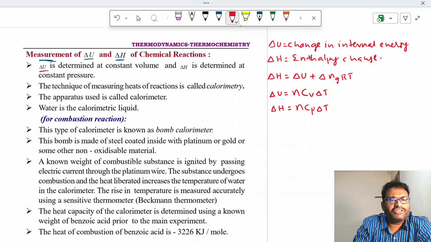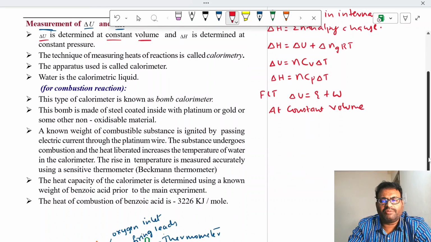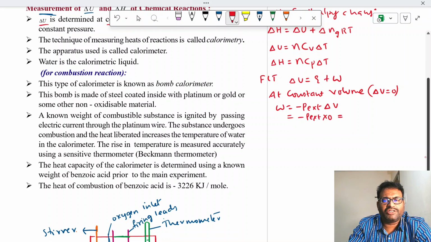Delta U is determined at constant volume. We know from the first law of thermodynamics, delta U is equal to Q plus W. At constant volume, delta V is equal to 0, so work done is equal to minus P external into delta V, which is minus P external into 0, that is equal to 0.